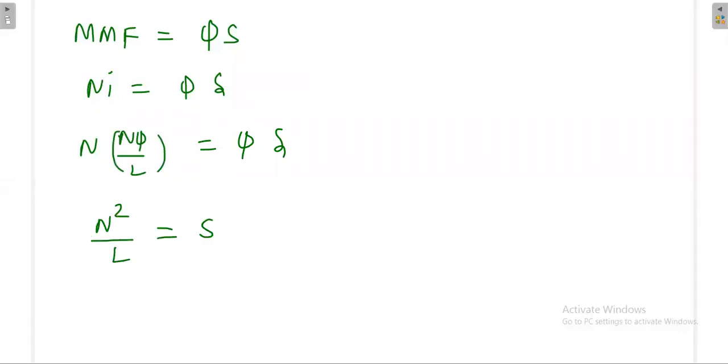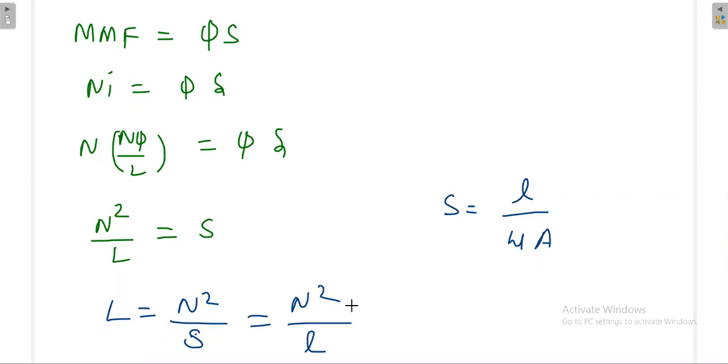So what is your S? The other relation that we have is S is equal to l divided by mu into A. So L is equal to N square divided by S, that is, mu N square A divided by l.